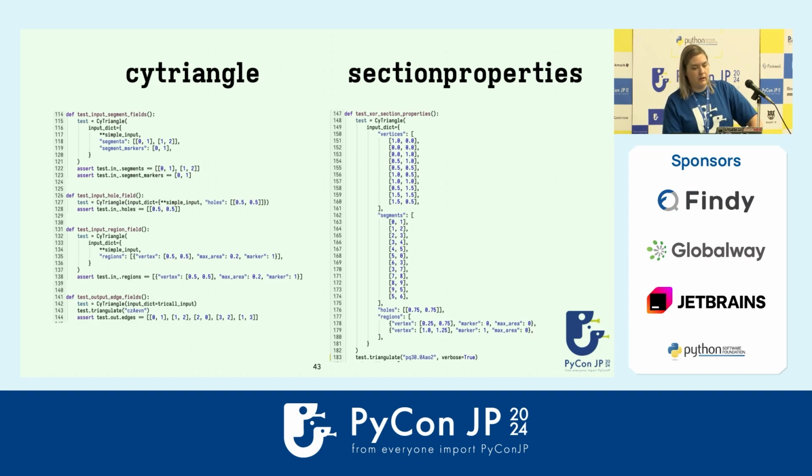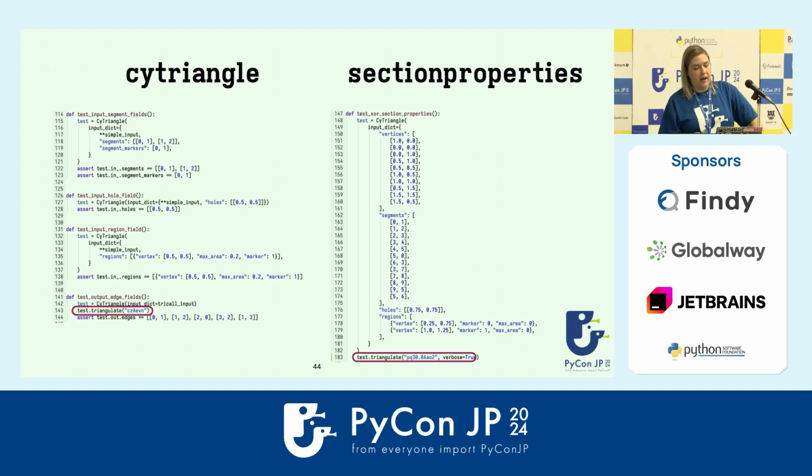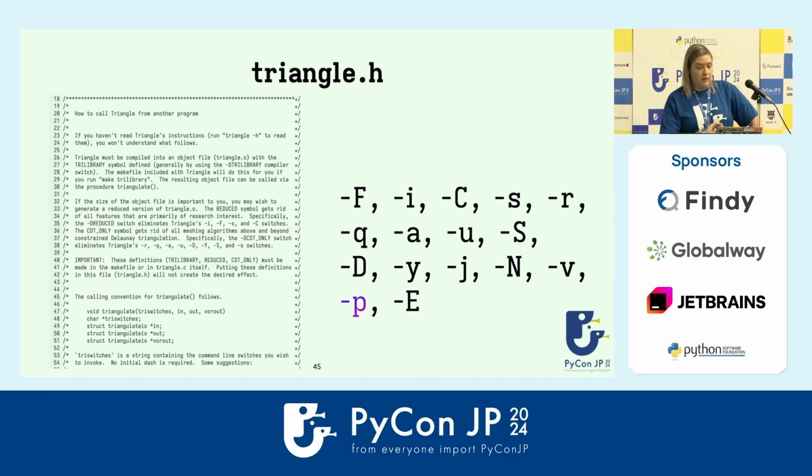So at this point, I went back and looked at my tests, because my original test suite, I knew that I had included holes, like testing holes and regions. But I noticed that the flags that were being passed to my tests versus the section property tests were not the same. And so there are a lot of different flags that are getting passed into the underlying library.